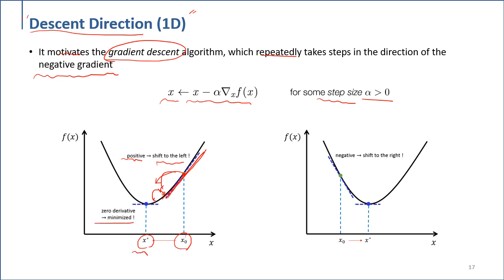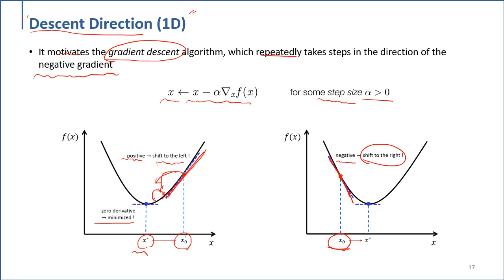And let's assume another case. You may start from the point x0, and when you calculate the gradient at this point, it could be negative, right? That means you may update the x value by changing it to the right.